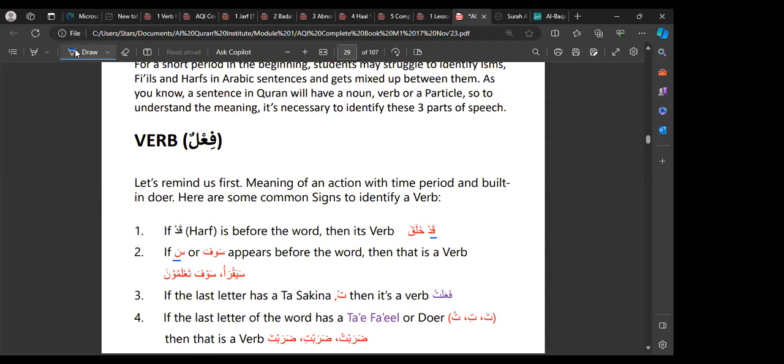So sa or sawfa is the same as "will." I will go to the shops. Sa'adhab ila al-masjid. I will go to the masjid. Sayakra'u. I will read. Or sawfa ta'lamun. You will know. So you will. Future tense.